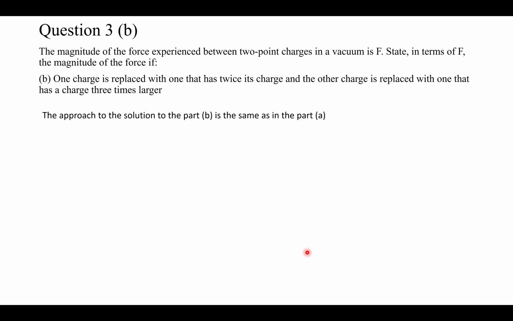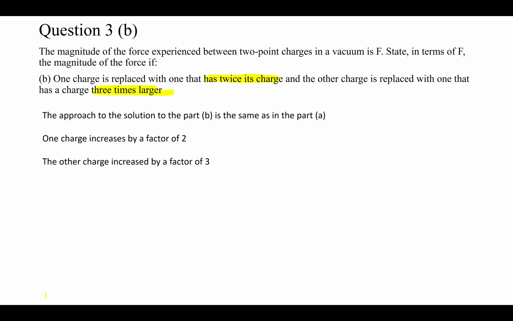Okay, so the approach to solution for part B is the same as in part A. One charge increases by a factor of 2. Let me highlight it for you. Okay, so one charge is replaced with one that has twice its charge, so the charge got increased by 2. The other one is replaced with one that has a charge 3 times larger.